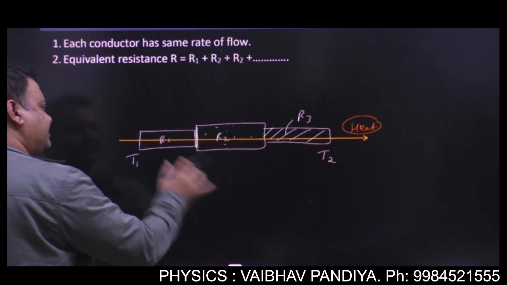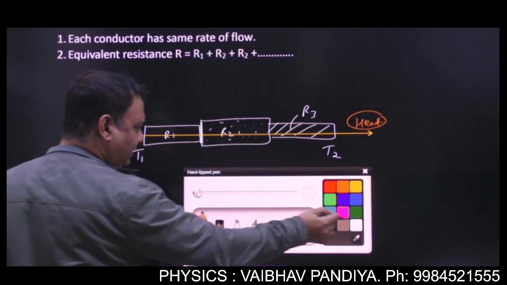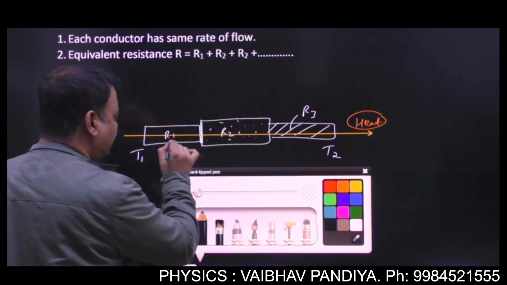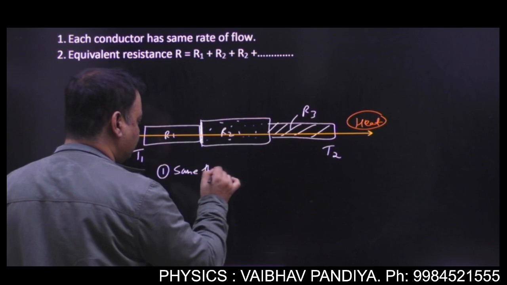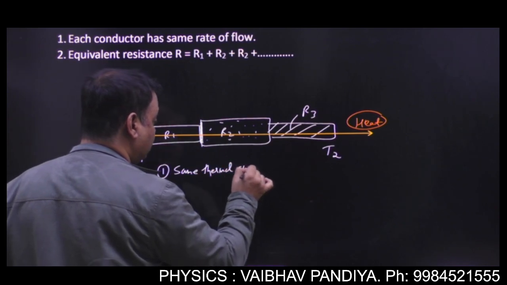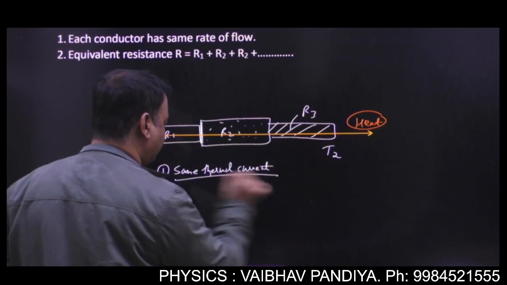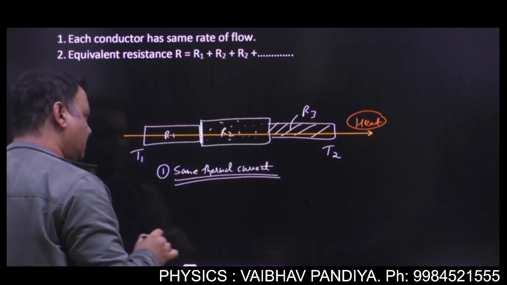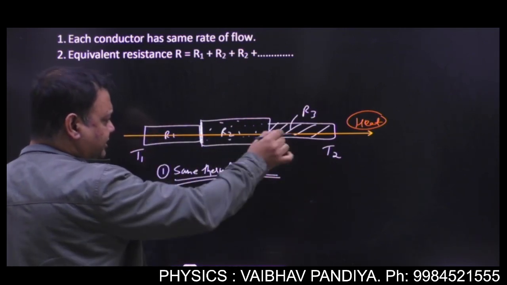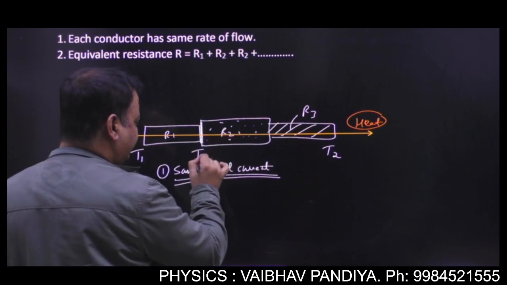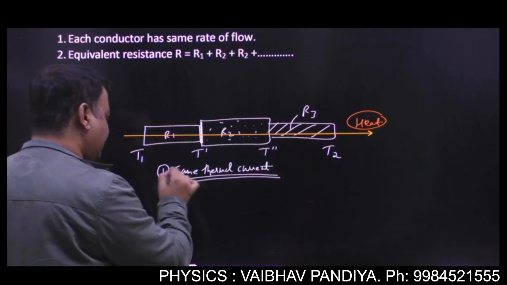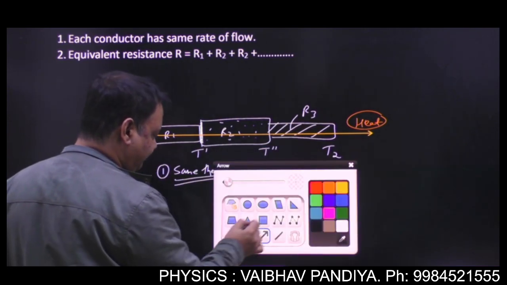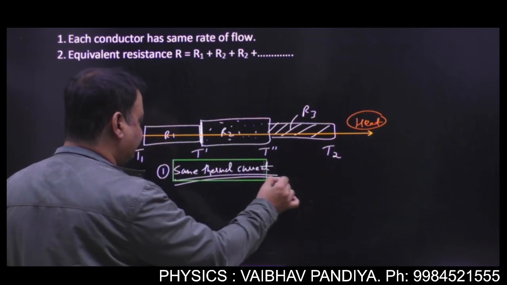So whenever the resistances are in series, number one, they have the same thermal current, number one property, always remember. Of course, the temperature will change continuously. Say this temperature is T dash, this temperature is T double dash, but each cross section will have the same thermal current.